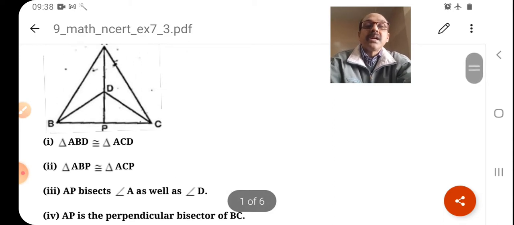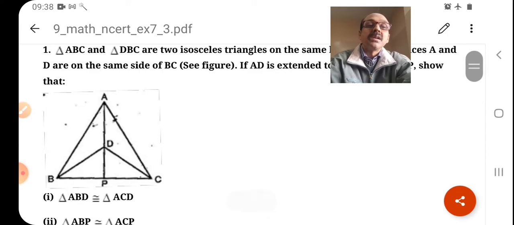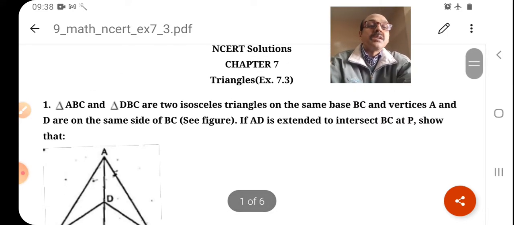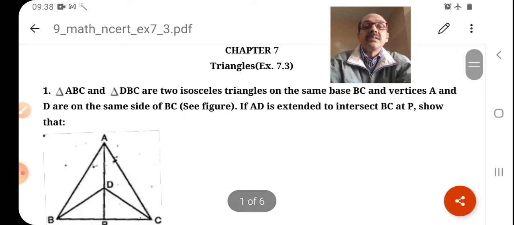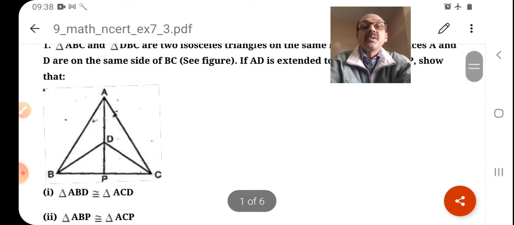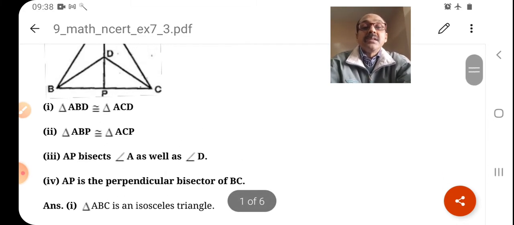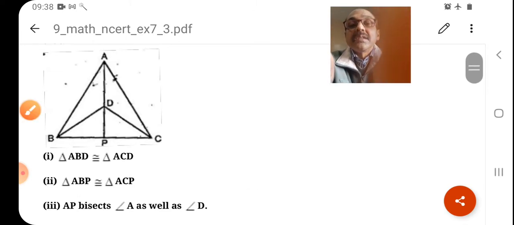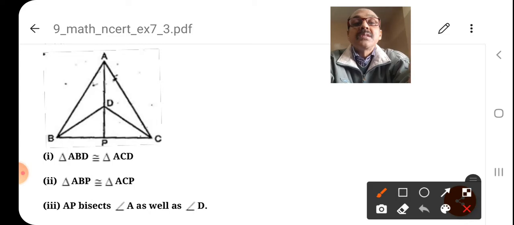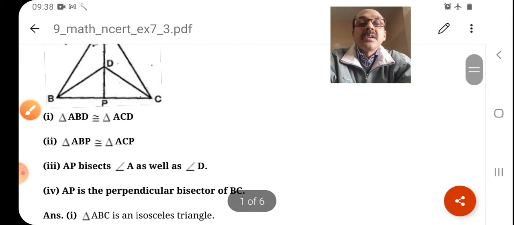Okay, and this is the diagram. ABC and DBC are two isosceles triangles, that means two sides are equal, on the same base BC, with vertices A and D. AD is extended to intersect BC at P. Triangle ABC is isosceles, it is given, so AB equals AC.